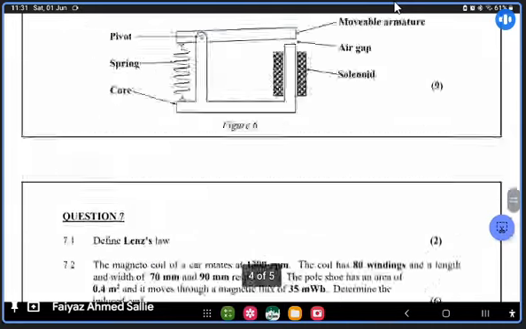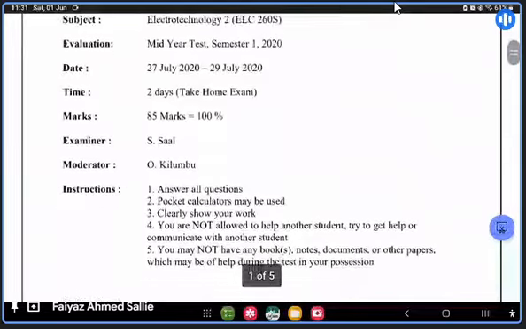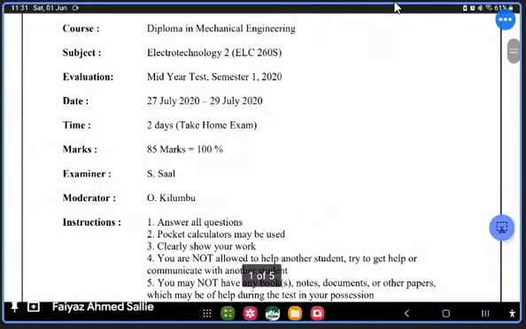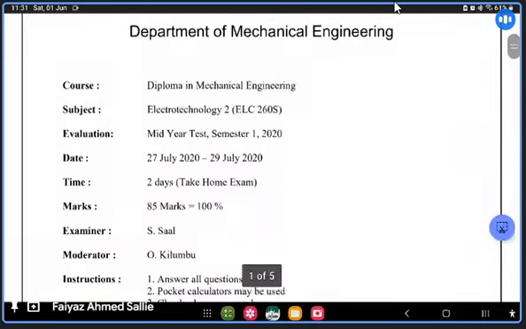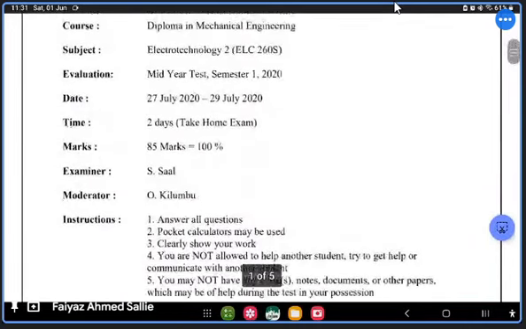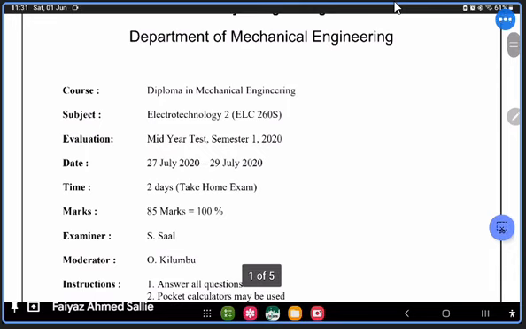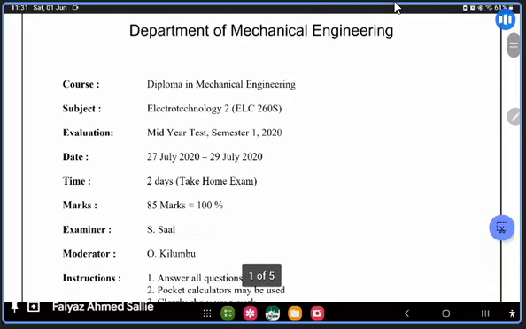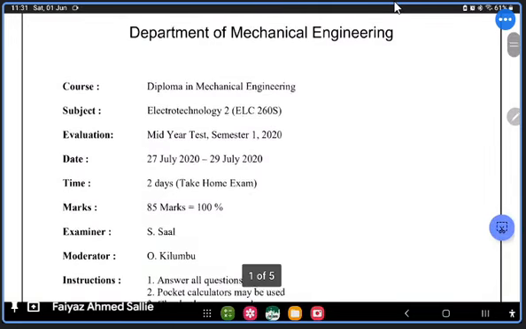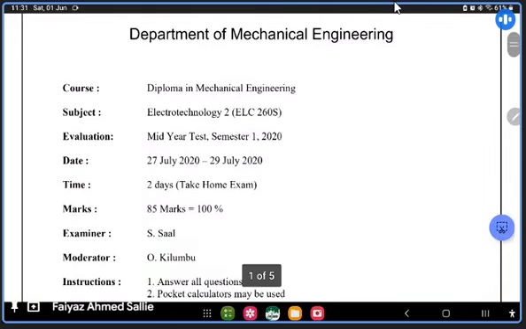So I think this question paper is about 3 hours. Let's see. Oh, wow. So this question paper was done during COVID, and they had 2 days to do this question paper.